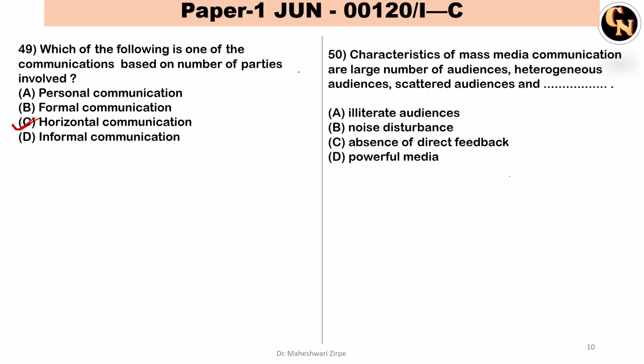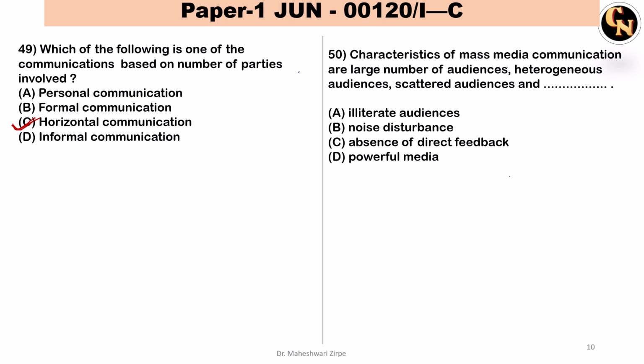Now, the last question of this segment, that is your December 2020 part 3. This is the last question. Characteristics of mass media communication are large number of audiences, heterogeneous audiences, scattered audiences, and dash.